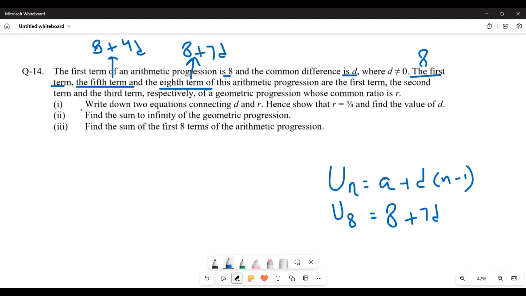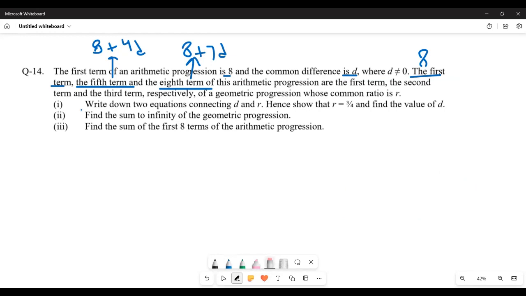Now these three are the first three terms of a geometric progression. Write down two equations connecting D and R. Alright, so one AP we know, which is given in blue, and one GP we know, which is for part 1.